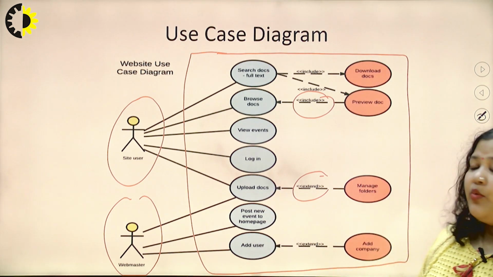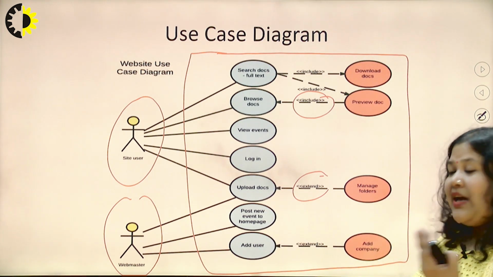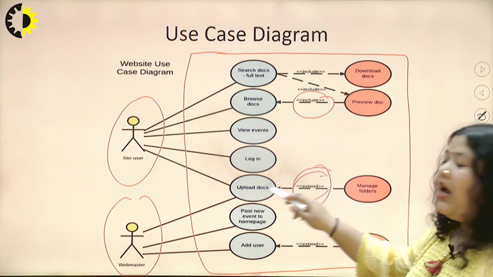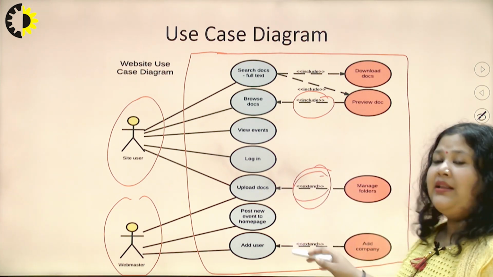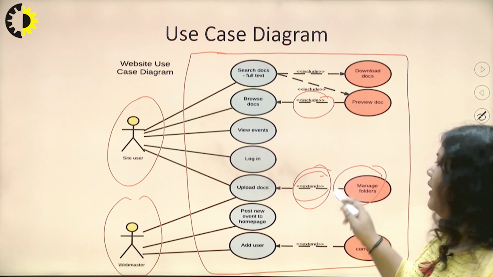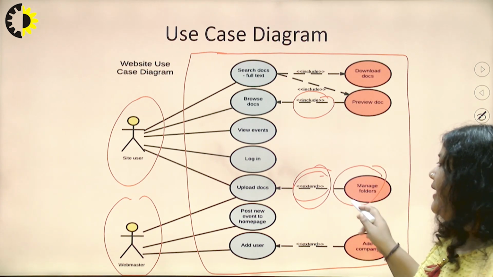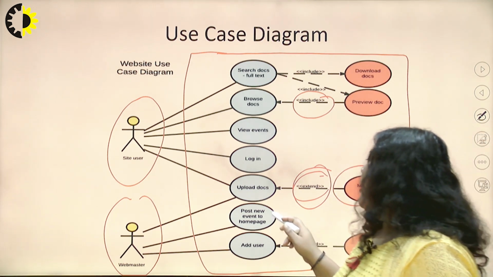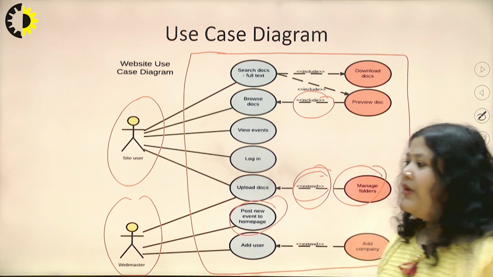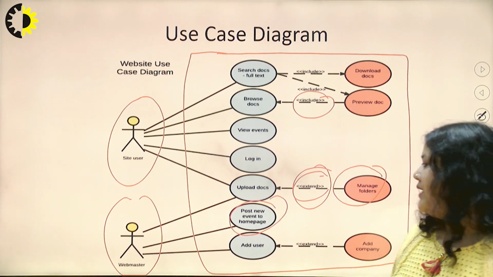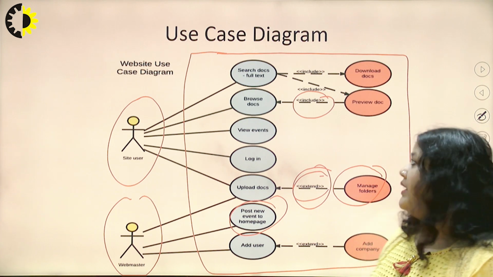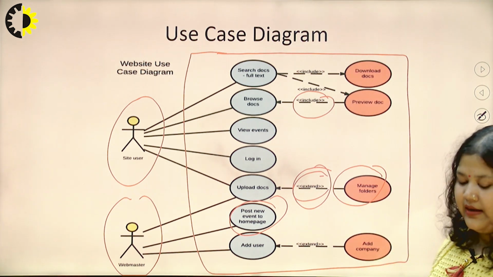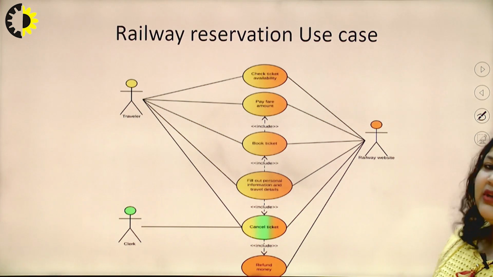Checking whether documents are uploaded or not, and managing the folder. This is the extended way to manage the documents uploaded by the users. Managing the folder is also a use case, but in extended form. And posting new events to the home page for the end user. So these are the basics of the system boundaries that represent the use case diagram, and these are examples of use cases.